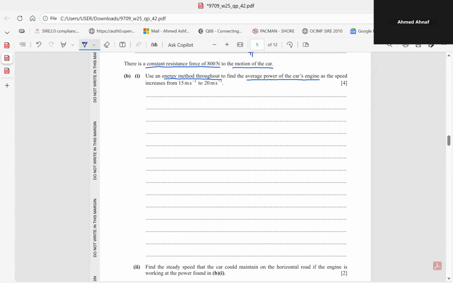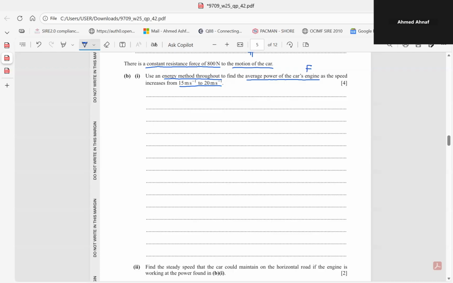To find that, we need to know the total work done by the car's engine during the distance it traveled as the speed increased from 15 meters per second to 20 meters per second. To find the work done by the car's engine, we need to know the force that the car's engine exerted throughout the entire motion. Then we divide that by the time taken, which we found in the previous part, to find the average power. So let's do that.